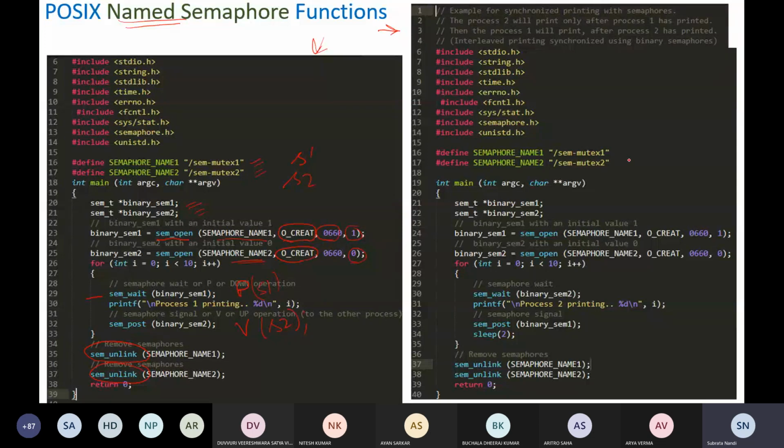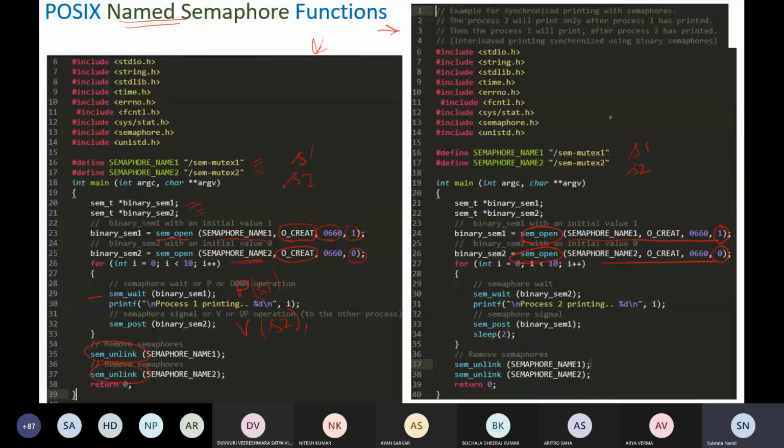The other process does something similar. It has also specified the names of both the semaphores, and both of the processes should agree on the names, because they are after all trying to create a single shared resource. This process also executes sem_open with the same arguments and the same initial setting.